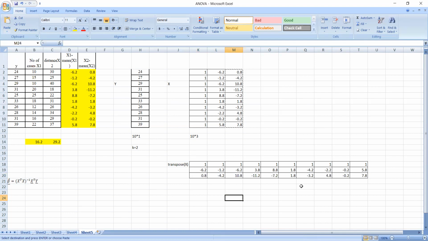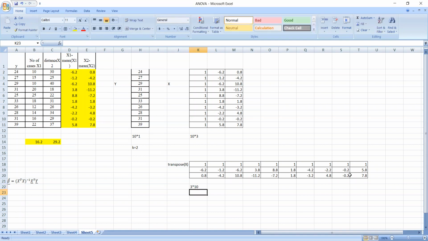Okay, now we have X transpose and we have matrix X as well. Now what we have to do is calculate X transpose into X. If you look at matrix X transpose, here you have 3 rows and 10 columns.